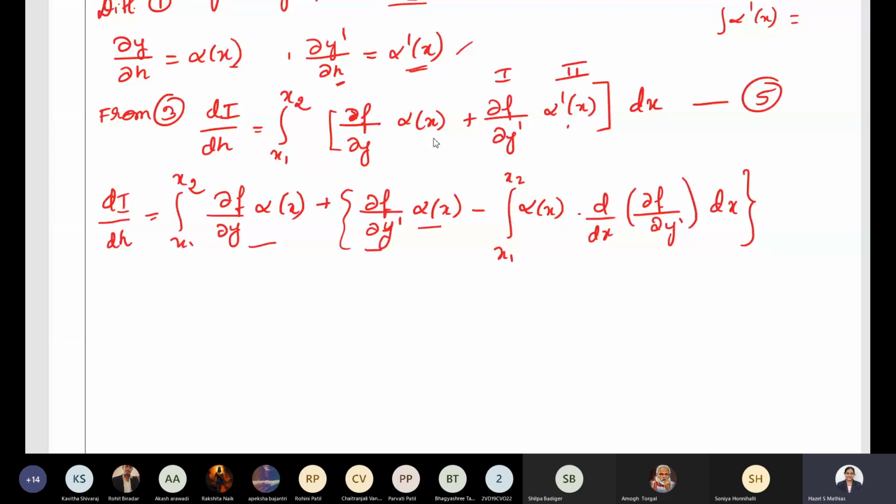So integration of alpha dash is alpha of x. Then minus the integration of the integrated term, that is alpha x, into the differentiation of the first term, d by dx of dou f by dou y dash into dx. I hope this is clear, everyone.